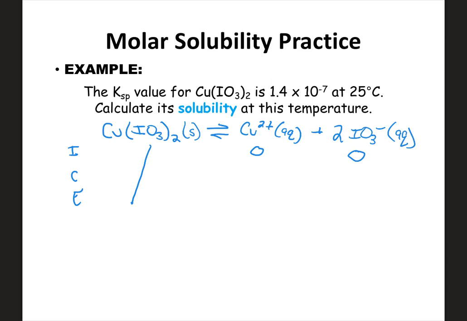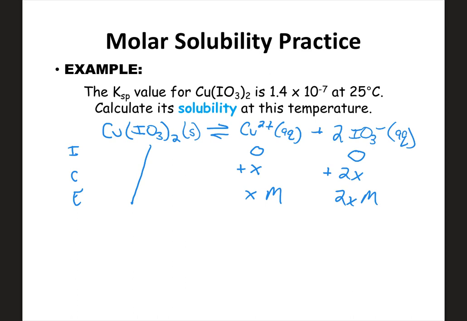So the Cu2+ change would be plus X, and the IO3 minus would be changing by 2X here because of the stoichiometry with the 2 IO3 minus. So then we can apply these values now at equilibrium. 0 plus X is just X molar, and at equilibrium the IO3 minus would be 2X molar. So now we have our ice table filled in, and we can go about solving this.